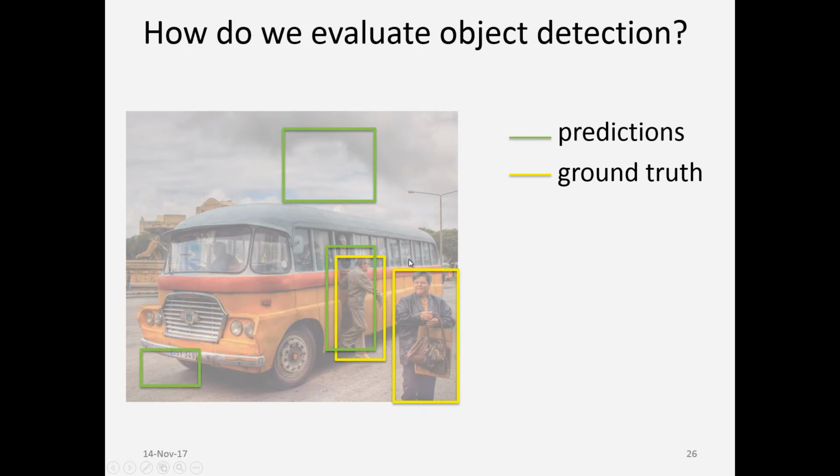For this one, we always talk about precision and recall. For those of you who haven't fallen asleep yet, just for this particular example, what's the precision for this image? Can you give a number?